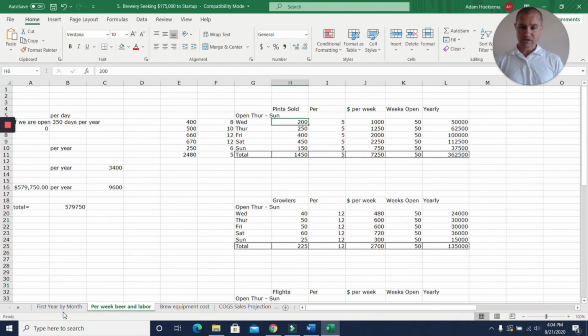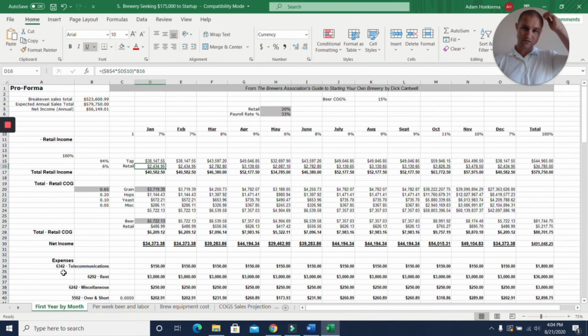And then, the last thing I'd mention is there's not a great way, this is kind of built for, I guess, two revenue line items, tap room and retail. There's not a great way to add in different revenue models.